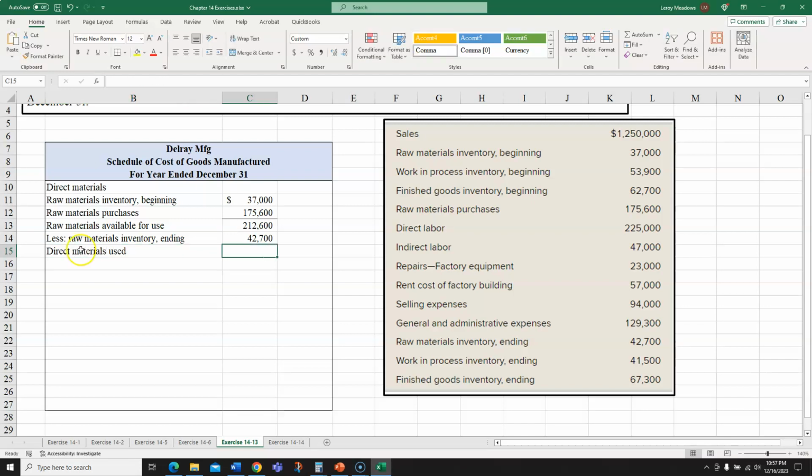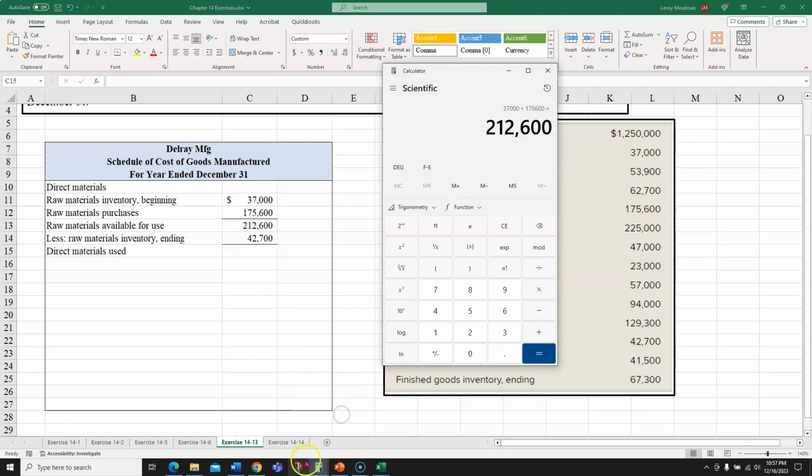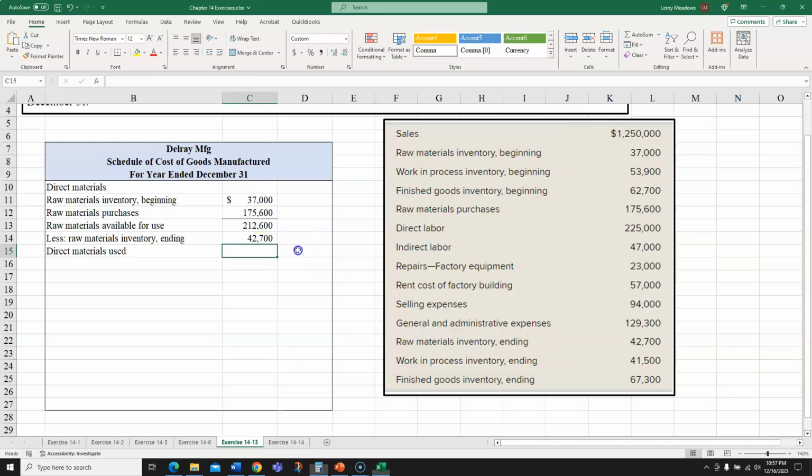So when I take my total raw materials available for use and subtract my raw materials ending inventory, I am given what? 212,600 minus 42,700. And that should give me $169,900. Yep. And I want to put that there. Okay.